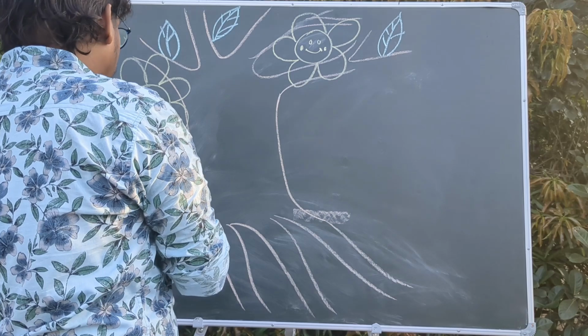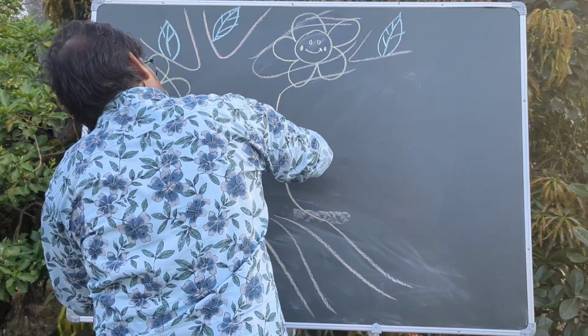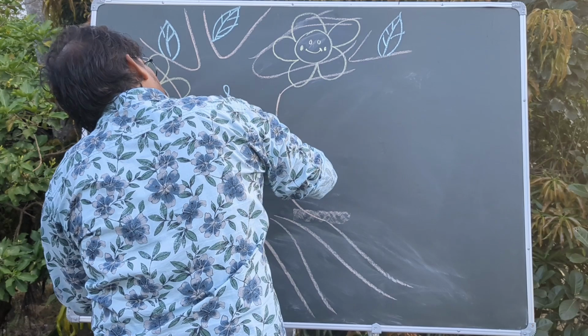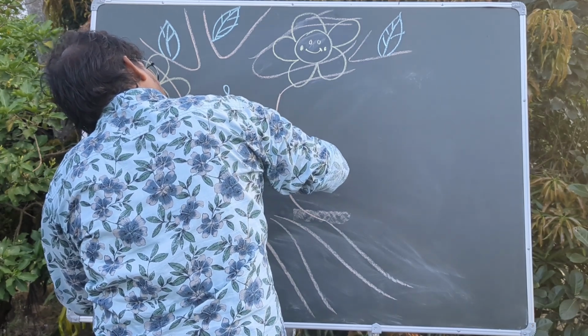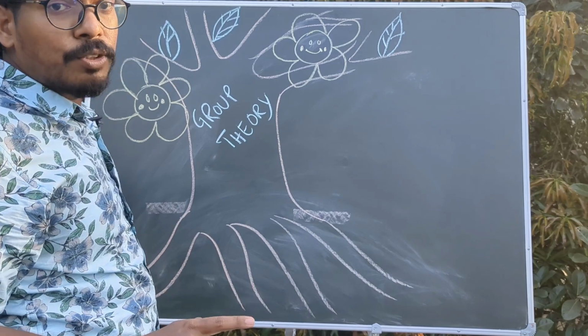If this is a tree of group theory, then its roots are the axioms of the group.